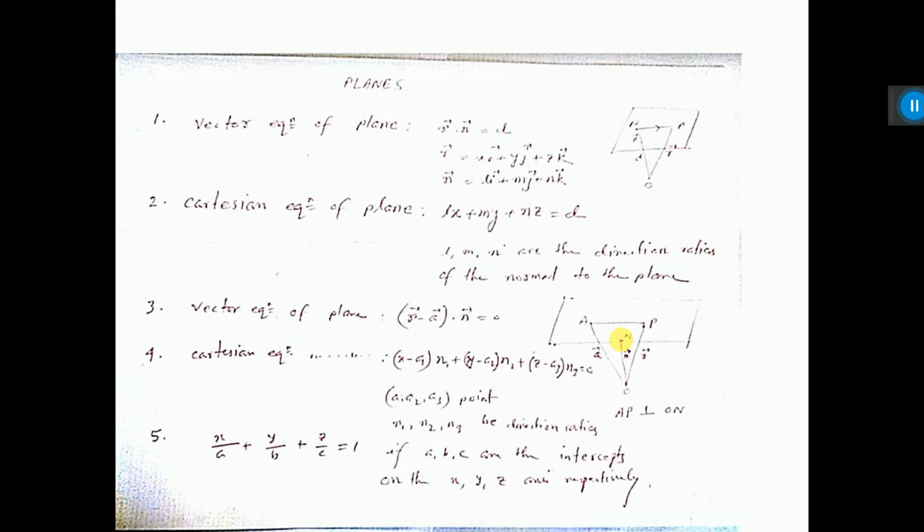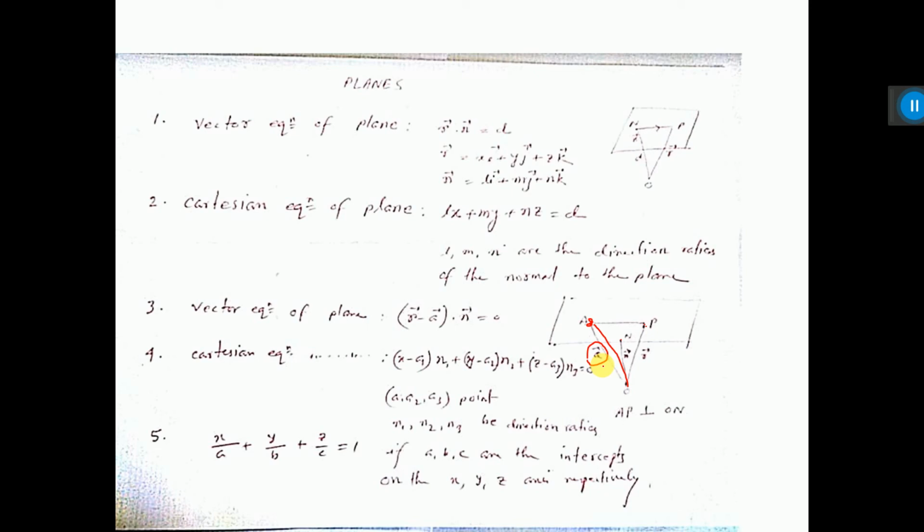One point A is given, different from P, which has coordinates x, y, z. The vector A means from origin up to A. So one point is given whose position vector is a, and one point P whose position vector is r, and r you know is xi plus yj plus zk, and this a can be any vector.